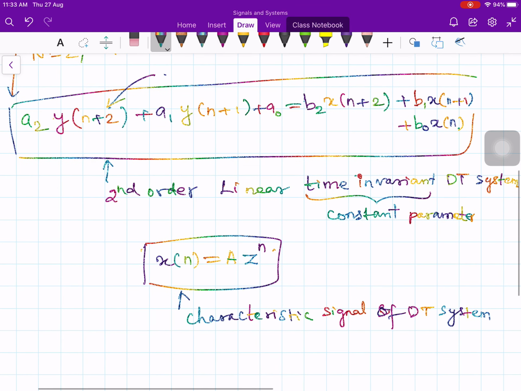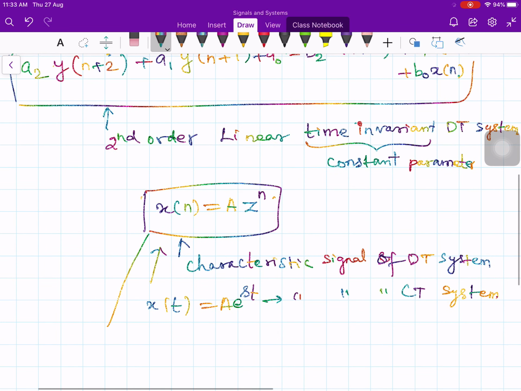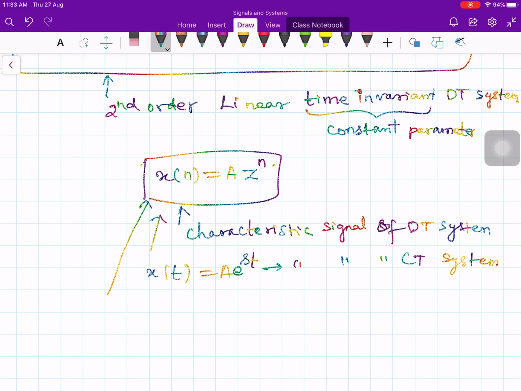If you recall from the previous lecture, x of t is equal to a times e to the st. This is the characteristic signal of a CT system, continuous time system. In a similar way, for a discrete time system, a times z to the n is the characteristic signal, just like e to the st is the characteristic signal for continuous time.